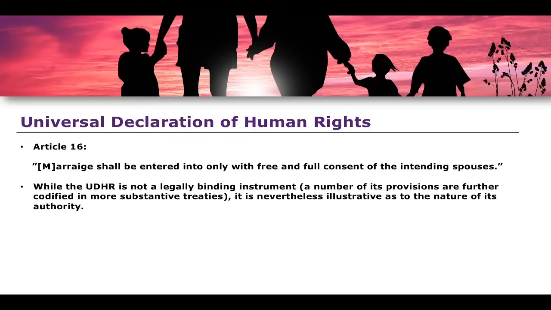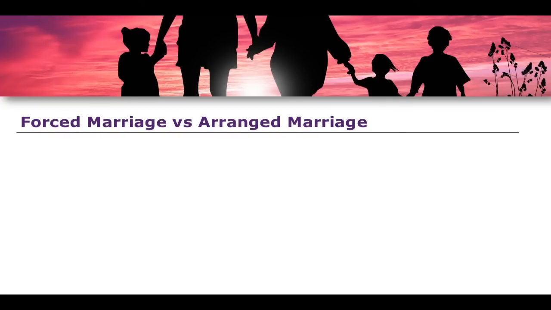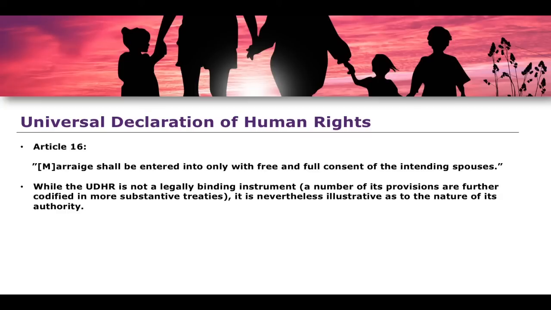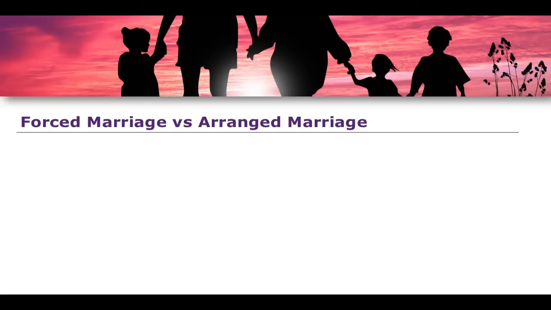While, like I said, the UDHR is not a legally binding instrument, a number of its provisions have been further codified into substantive treaties, like, for example, the Twin Covenants, as well as the European Convention on Human Rights. It is also just generally seen as an illustrative authority on the nature of and the protection from forced marriage in international law.